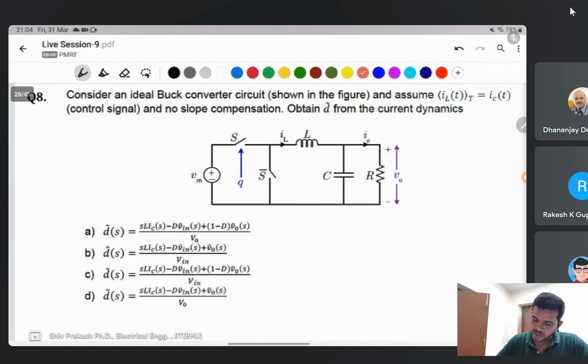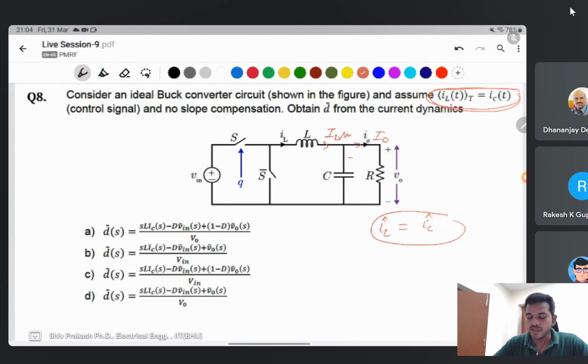The ideal buck converter. Assume the IL is the same as the IC. The variation of IL is equal to the variation of IC. This is the perturbation, or variation, you can say. If you take the average of IL current, it is the same as the output current. But the ripple in the inductor current is the same as the ripple of the capacitor current.